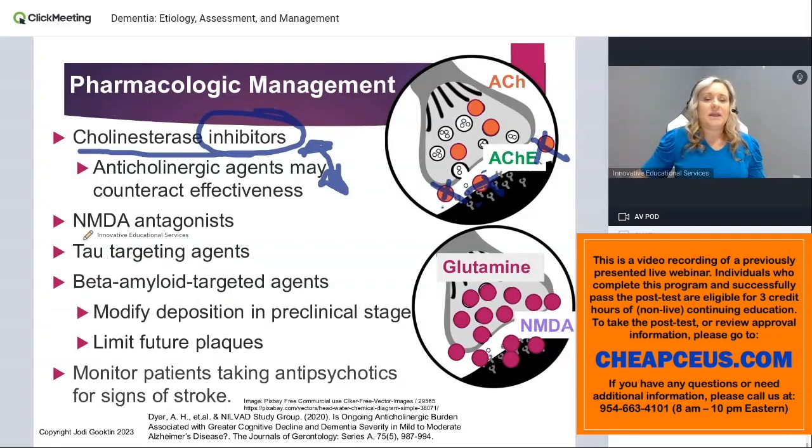Next, if we take a look at NMDA antagonists, just to briefly explain how those are working, as we look at glutamate and glutamine presence, the NMDA is going to increase the binding across the neuron. What we're finding as they go through these different clinical trials is that it's going to help increase conduction.